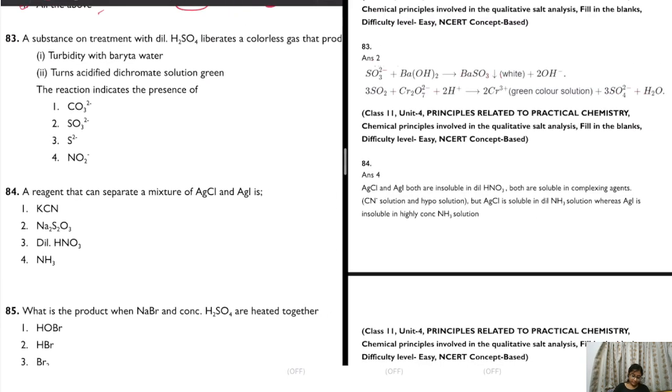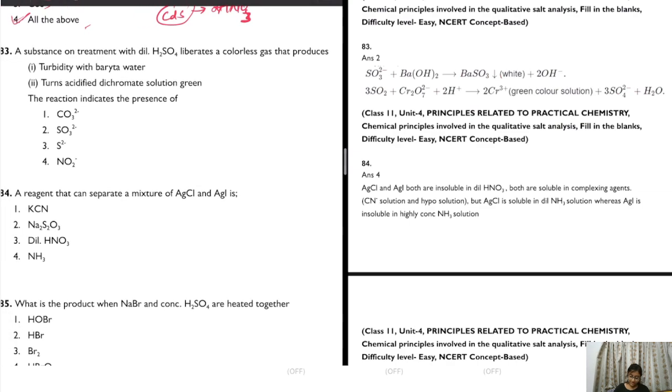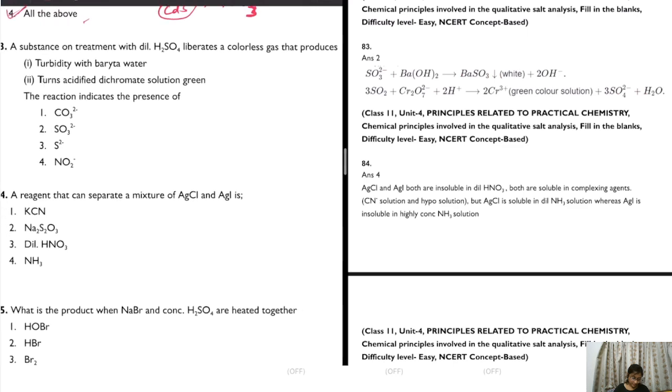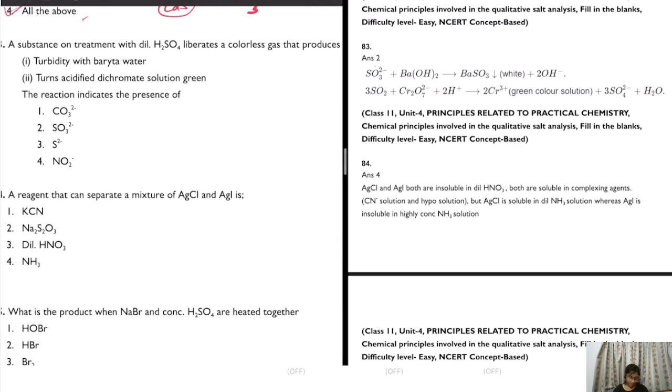A substance on treatment with dilute H2SO4 liberates a colorless gas that produces, the first situation given to us, turbidity with baryta water and turns the acidified dichromate solution green. What is baryta water? It is an aqueous solution of Ba(OH)2.